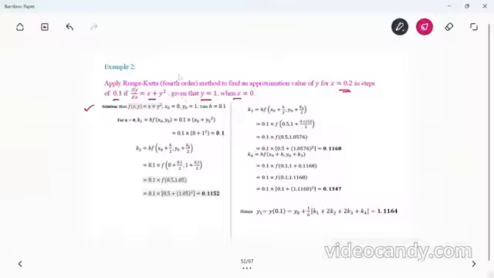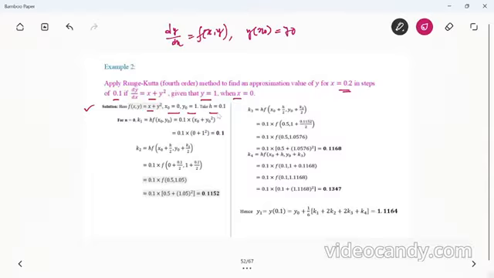Same procedure: our differential equation is of the form dy/dx equals f(x,y), y(x0) equals y0. If we compare, our f(x,y) is x plus y squared, x0 is 0, y0 is 1, and we will take h as 0.1.